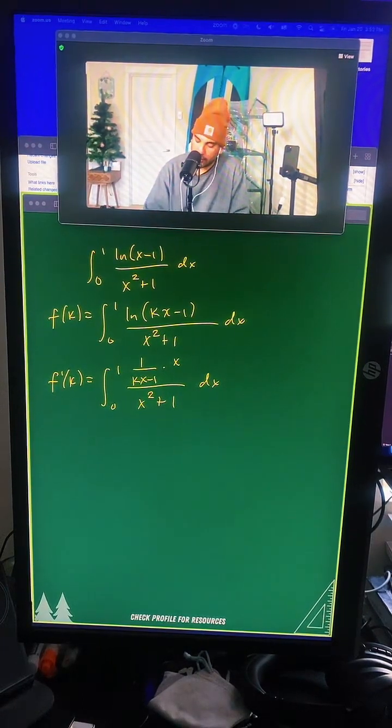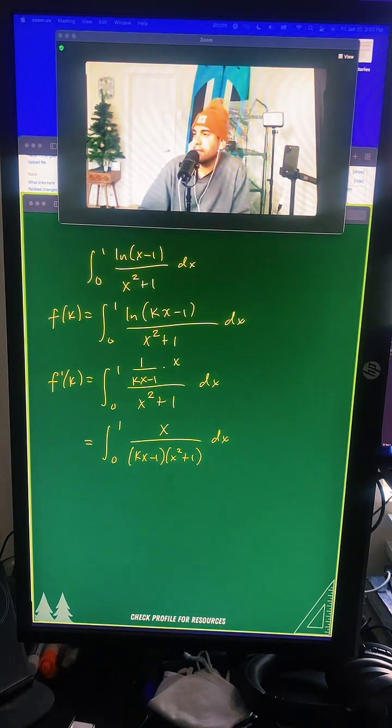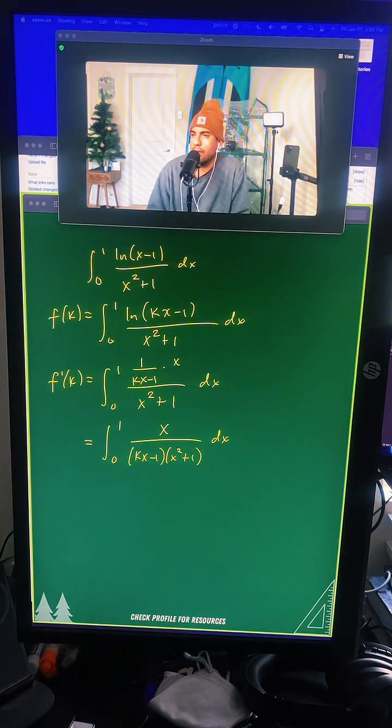Let me rewrite this again. If I get anything wrong, please let me know. So this becomes x over kx minus 1 times x squared plus 1, dx. I took the partial in terms of k, and I think I did that correctly.